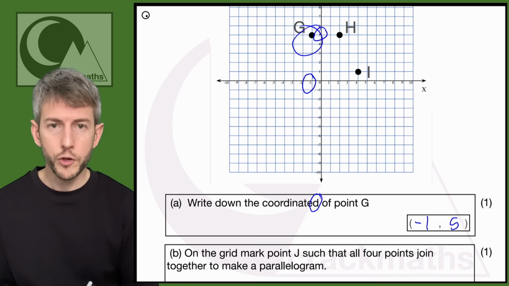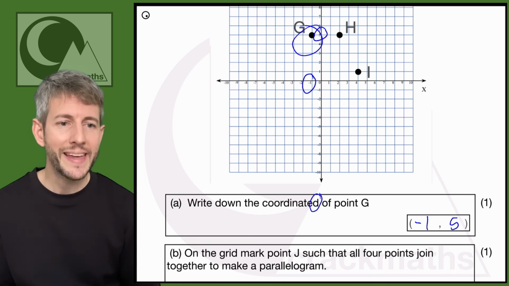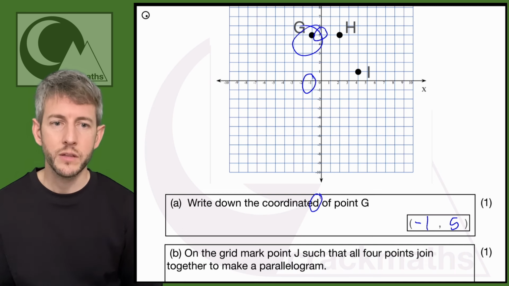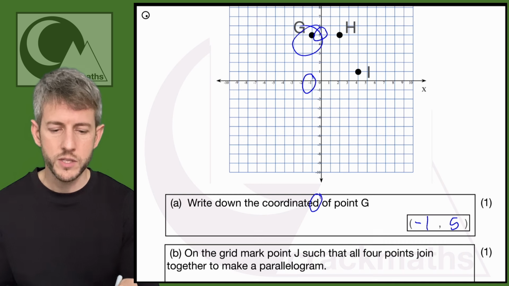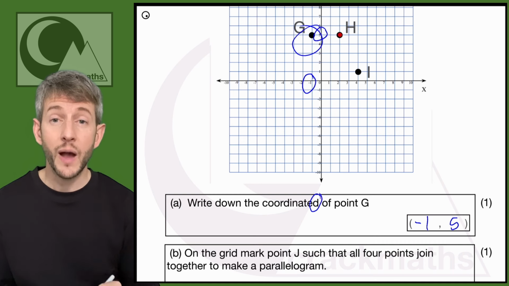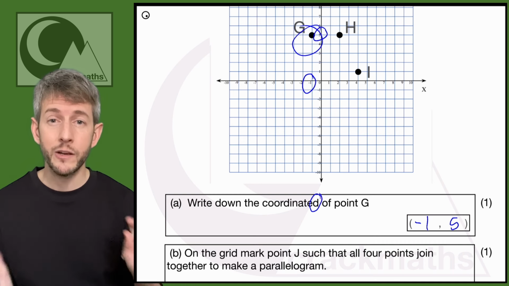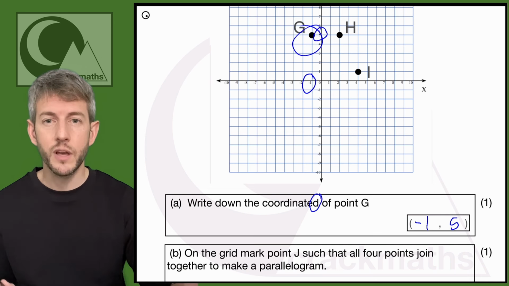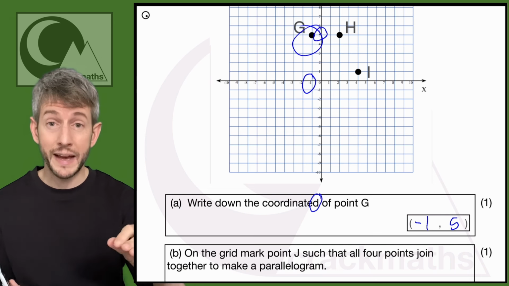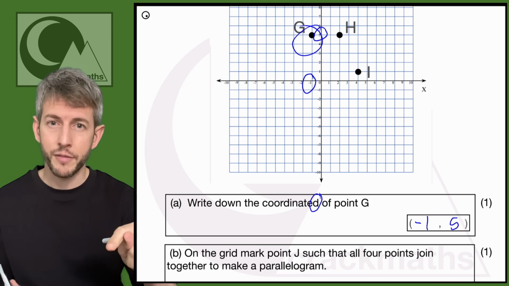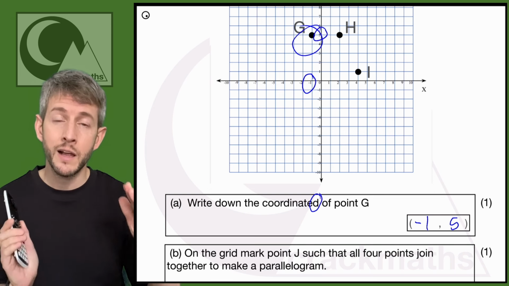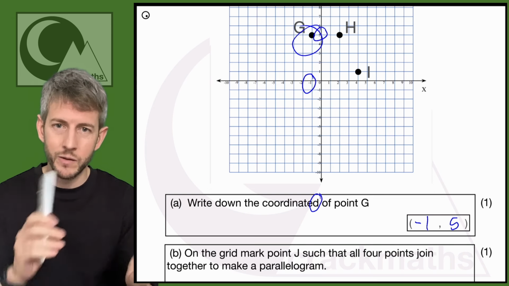Right, on the grid, mark point J such that all 4 points join together to make a parallelogram. Okay, right, so we've got 1, 2, 3 points here. Now, a parallelogram is a shape that looks like a pushed over rectangle. So we've got to have opposite sides of the same length, and we've got to have the lines going parallel to each other.